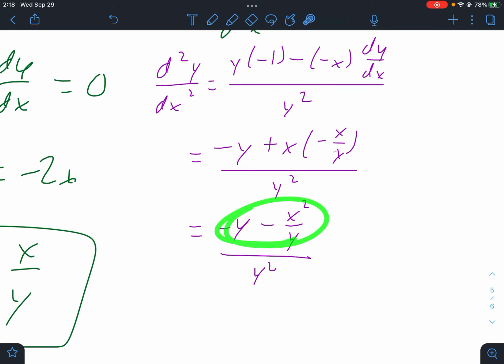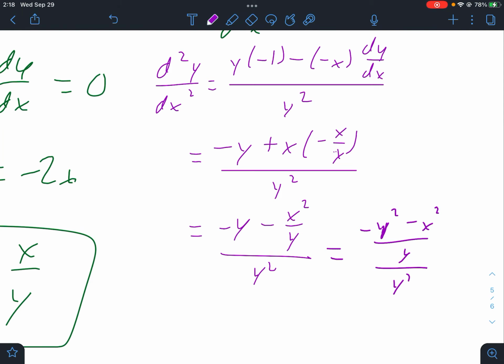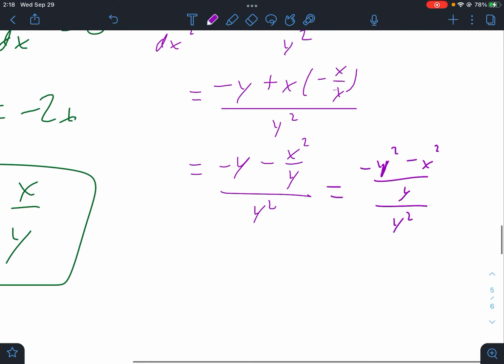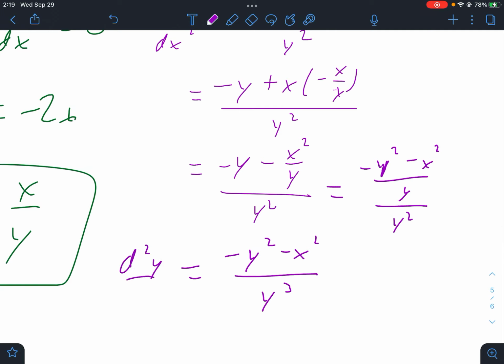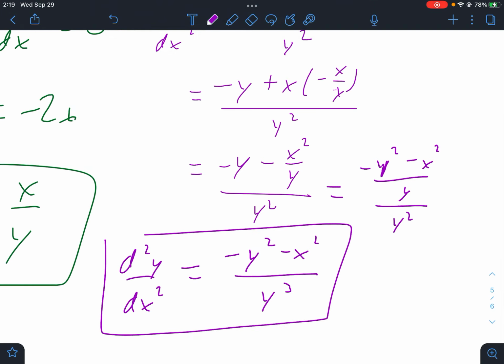All right, now up here, if I get a common denominator, I'm going to multiply this term by y over y, and that would give me negative y squared minus x squared over y, which I can then simplify down to negative y squared minus x squared over y cubed. And that would be our simplified second derivative.